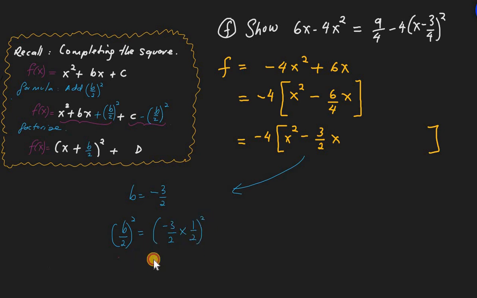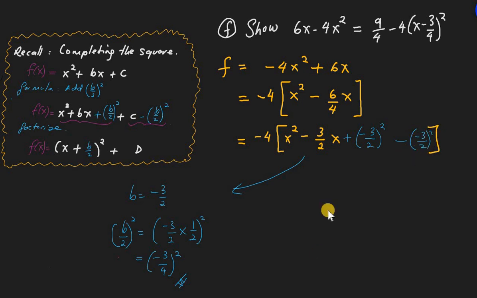This is similar to negative 3 on 4 square. After you have got the b on 2 square, it says plus b on 2 square. I don't want to simplify, let it be in the form of a square. Then we don't have a constant, so we need to deduct that: negative 3 on 2 square.